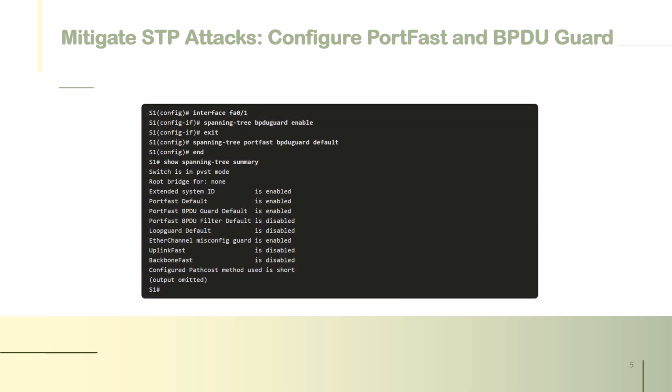Same here, we go to interface FastEthernet 0/1, and by using spanning-tree bpduguard enable, we are enabling Bridge Protocol Data Unit Guard.